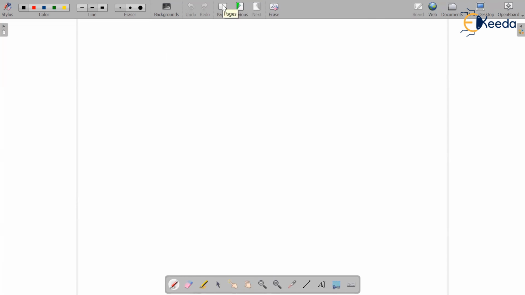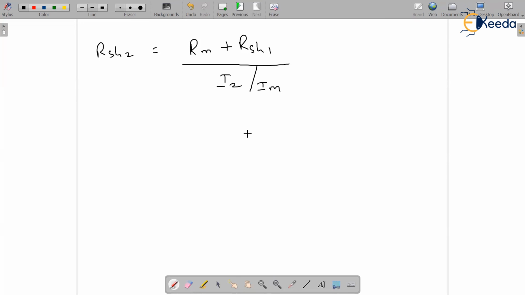Then next, RSH2 is equal to Rm plus RSH1 by I2 by Im.